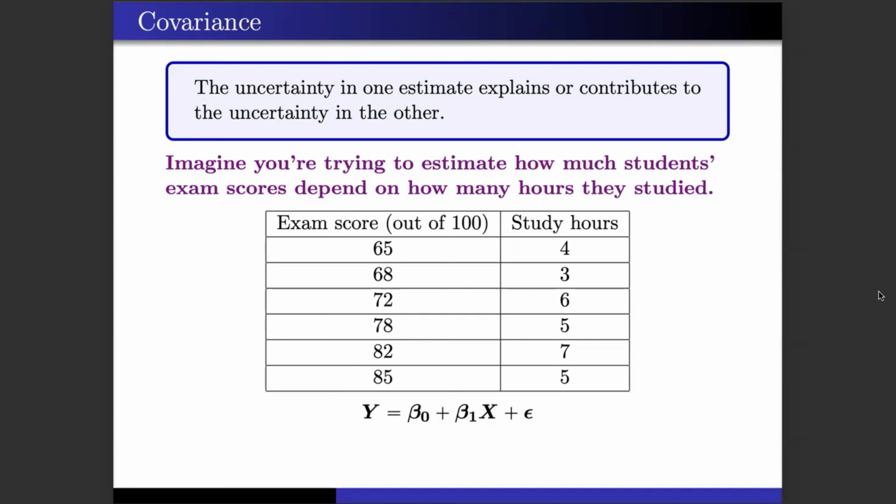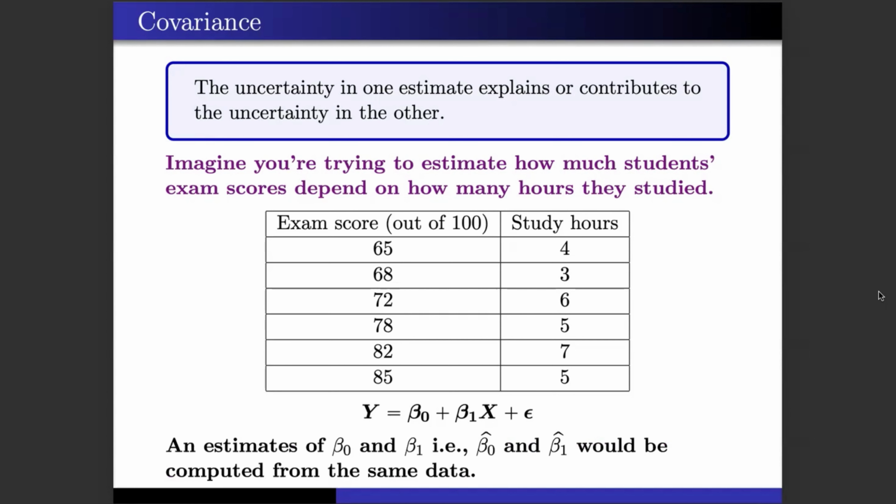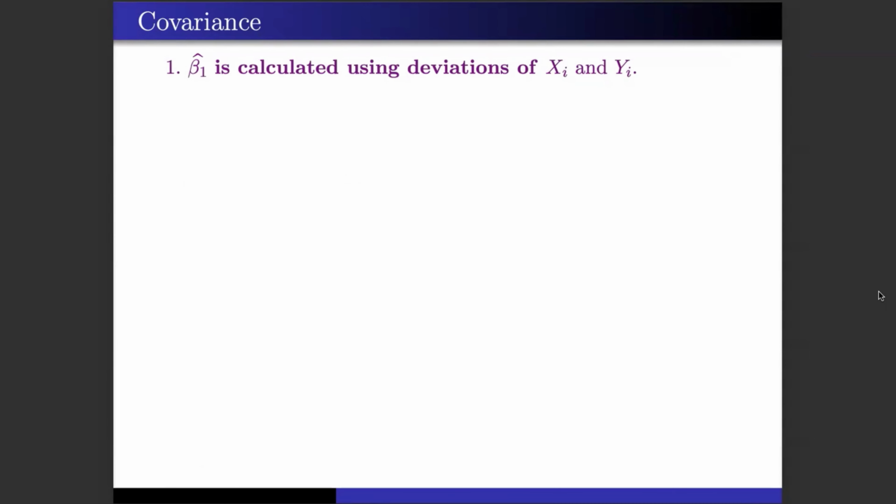But what we don't know is the value of beta naught and beta 1. So we find an estimator of beta naught and an estimator of beta 1, denoted by beta naught hat and beta 1 hat, based on this data set. And we have learned a method called the ordinary least squares estimation method, using which we can find an estimator of beta 1, using the formula I have written over here.